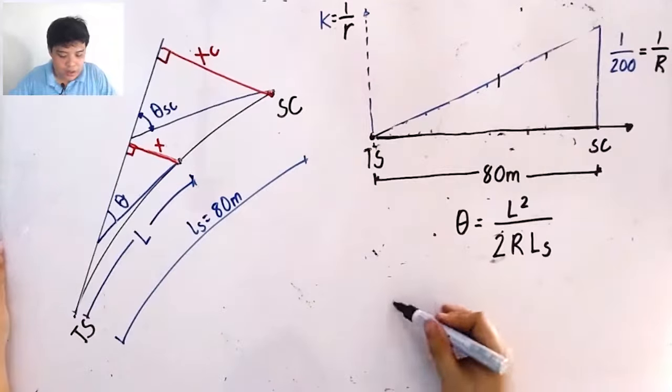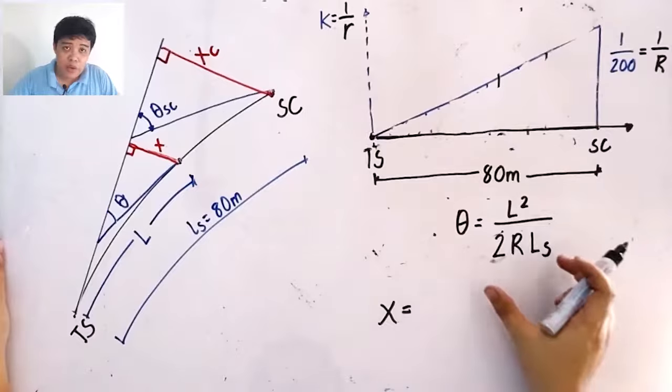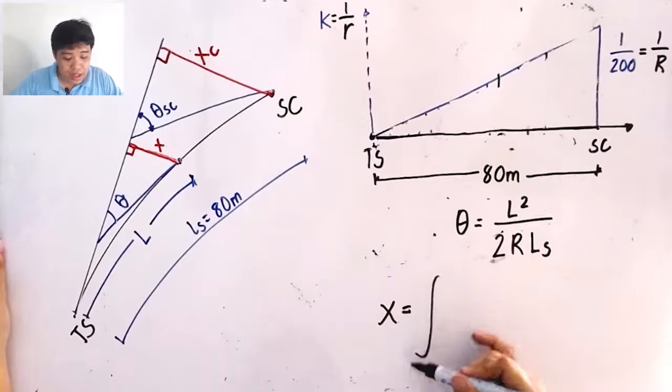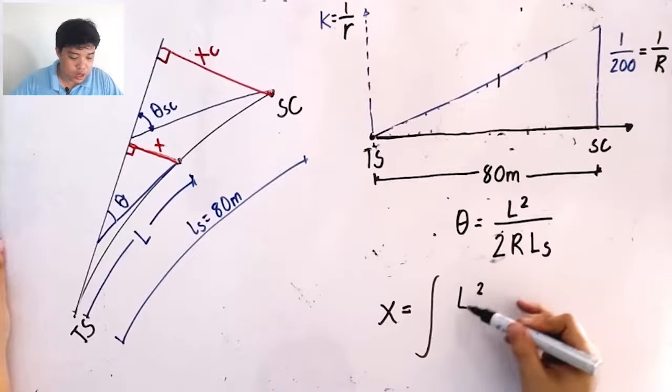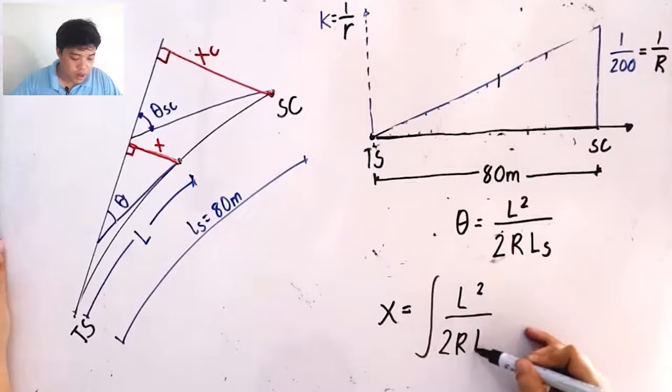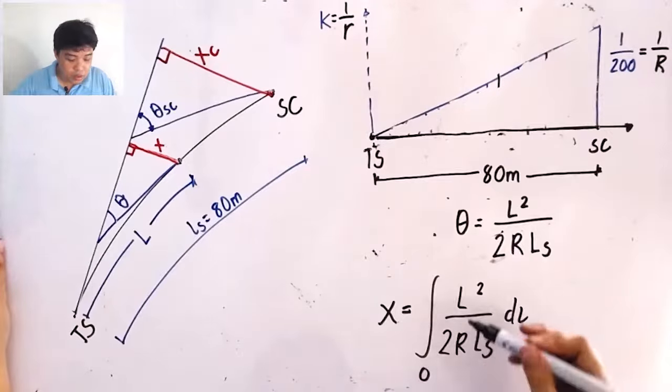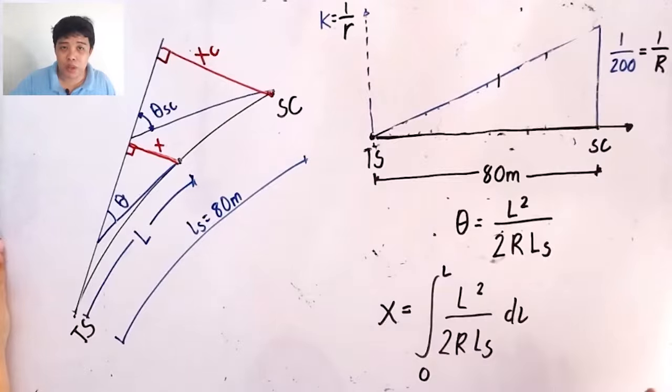If you want to get the value of X, and you already knew this one, there is no need for you to memorize the value of X at any point. What you are going to do is just integrate this function, L squared over 2R LS dl. That is always dl. From 0 to L, to the point you want to get the value of X.